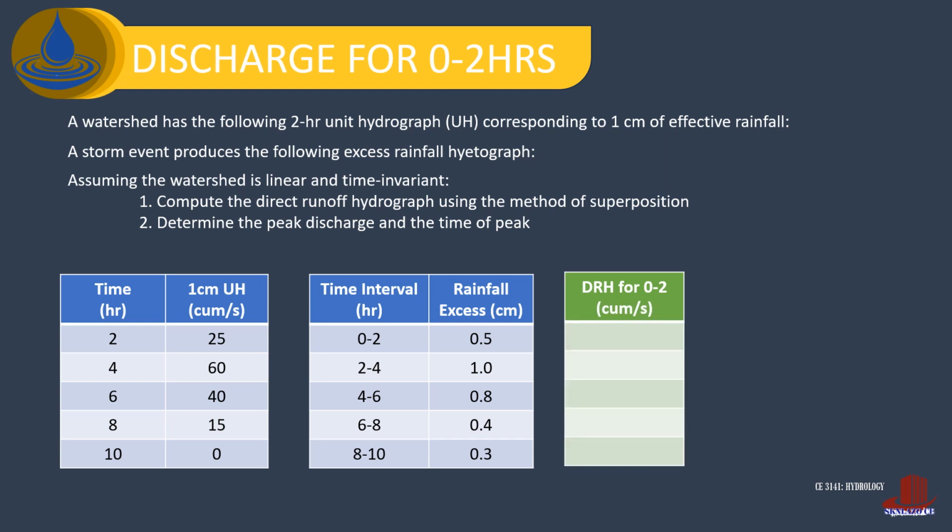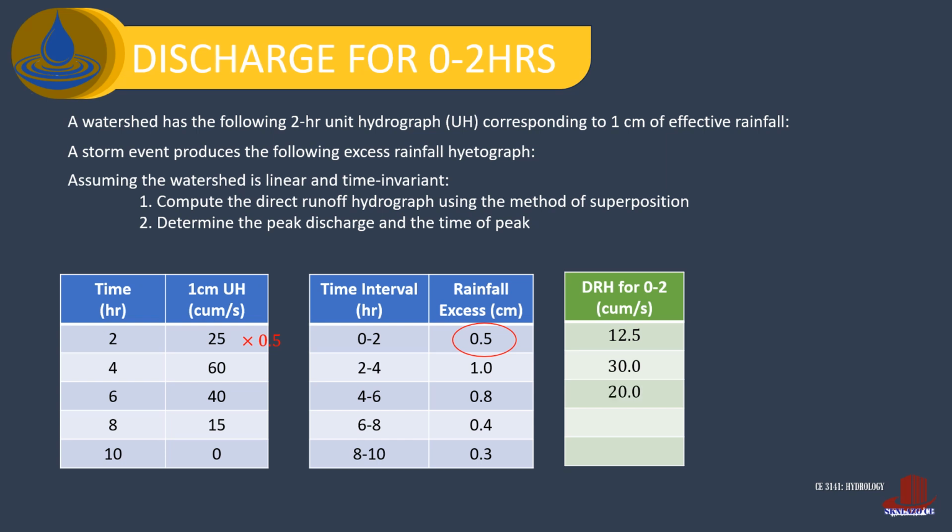The direct runoff can be computed individually according to the excess rainfall on each interval. At the start of the storm until 2 hours, the rainfall excess is 0.5. This is then multiplied to the unit hydrograph to identify the direct runoff on the first 2 hours. So at T2, DRH is 25 times 0.5 or 12.5, followed by 60 times 0.5 or 30.